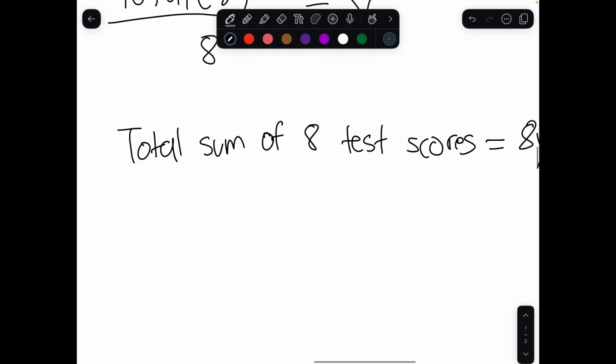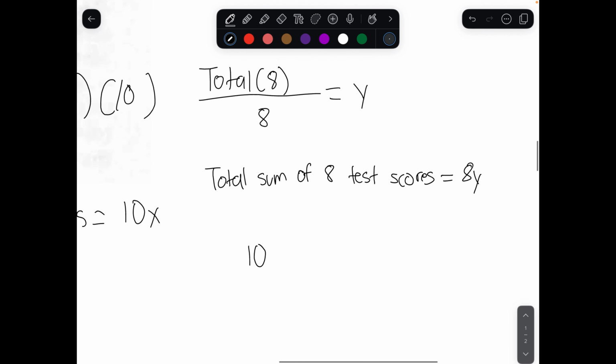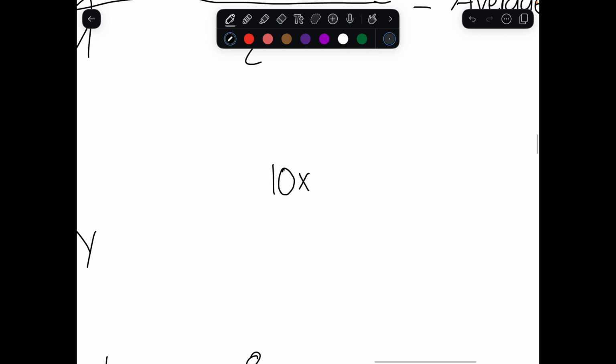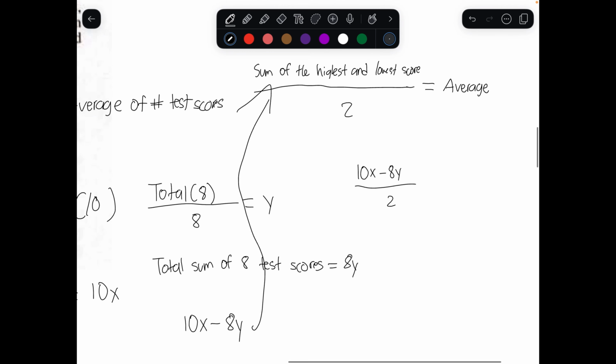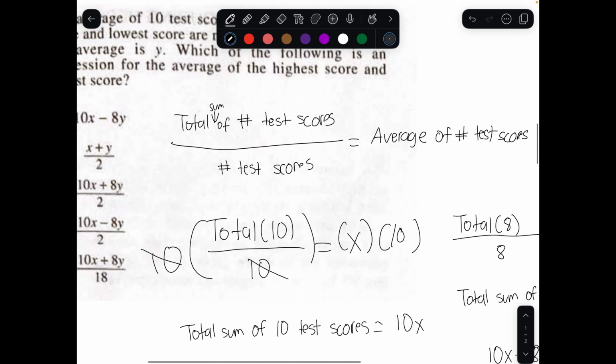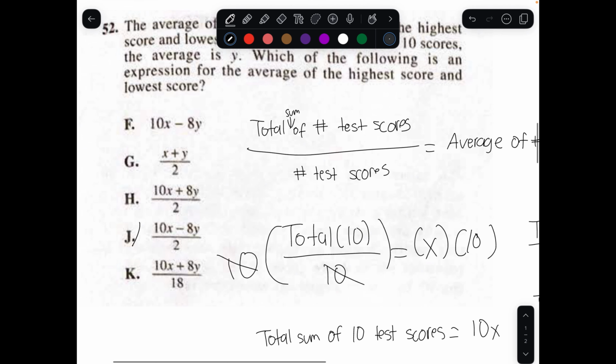So to figure out the total sum of the highest and lowest score, you would just do 10x minus 8y. And we can plug that in up here. So you get 10x minus 8y over 2 equals your average of the highest score and the lowest score, right? And this matches answer choice J.